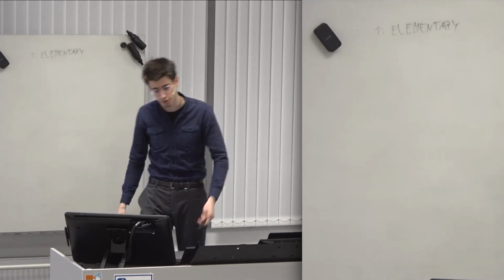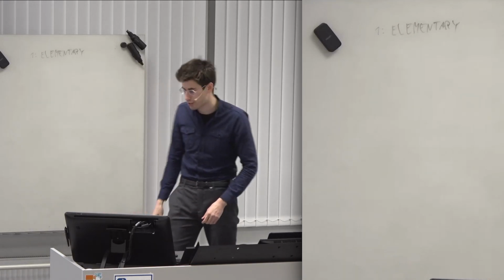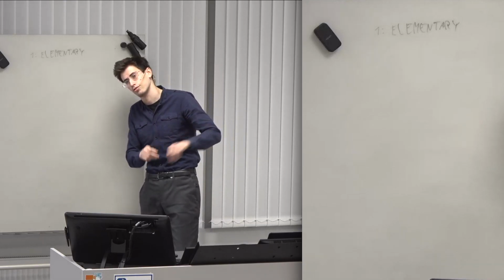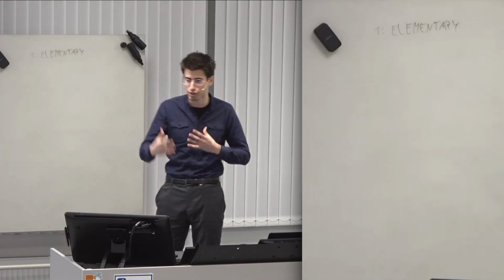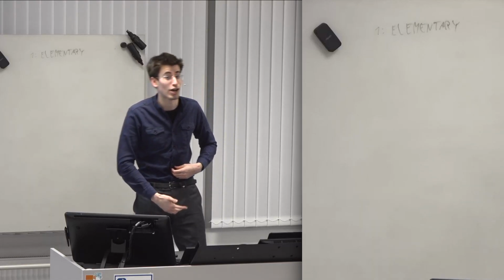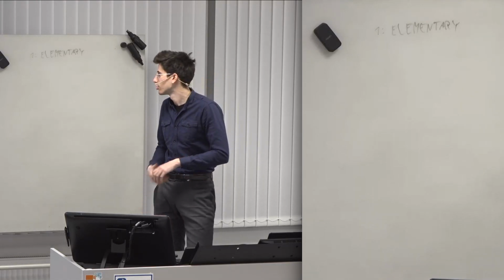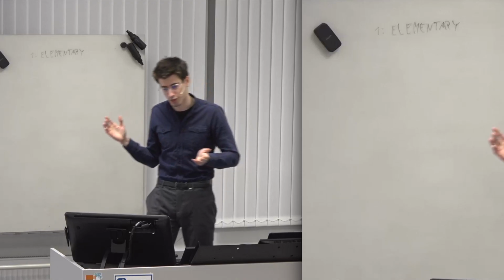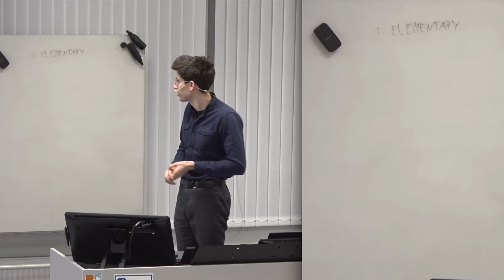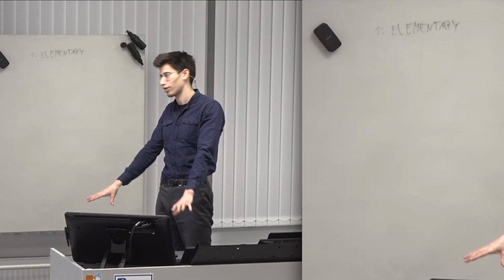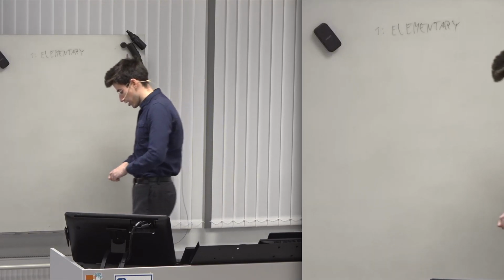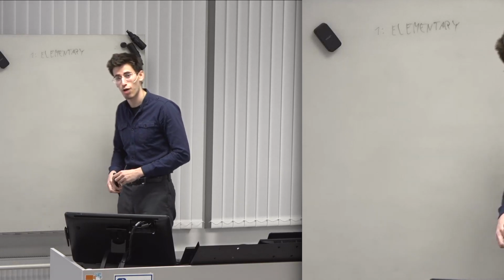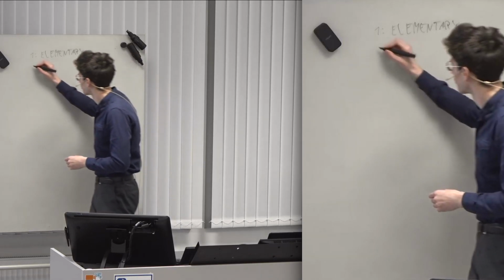As you might think, elementary refers to elementary school, kindergarten, when you were just learning the elements of life, for example. And this type of reading is the most basic level of reading. After elementary reading, you have inspectional reading.